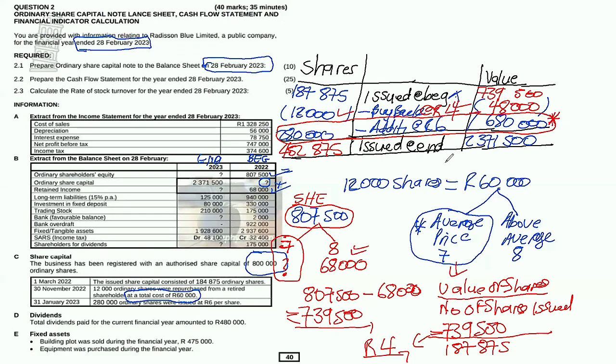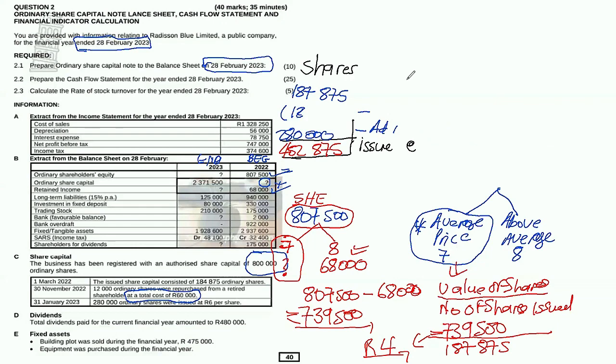So now we need to do our 2.2, which is to prepare the cash flow statement for the year ended 28 February 2023. All right. Okay, so now we need to do our cash flow statement.